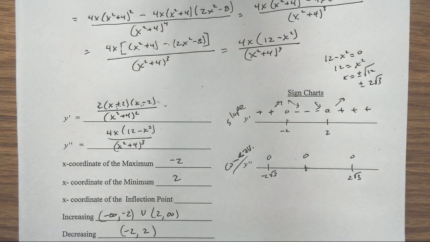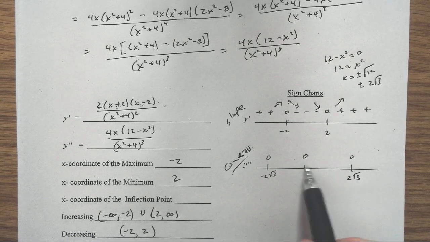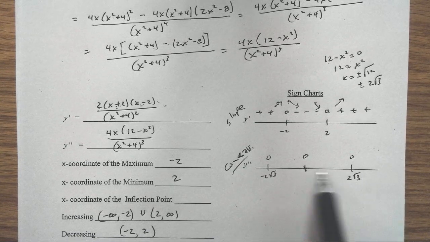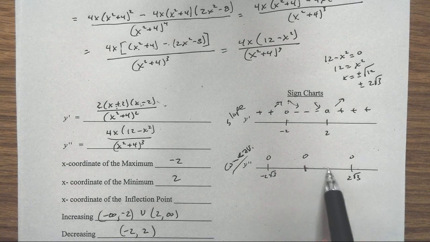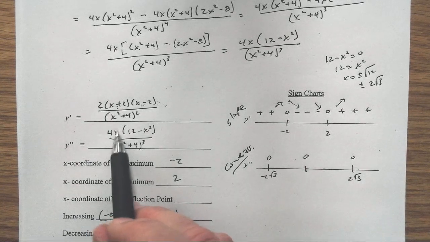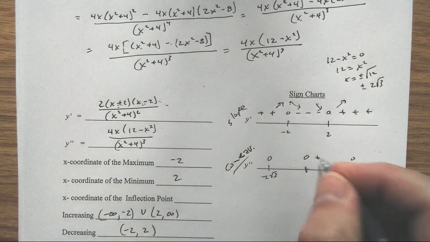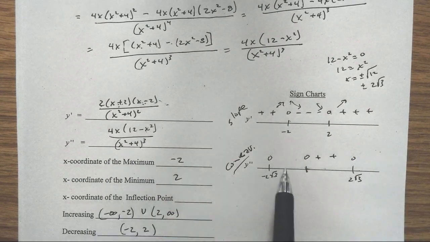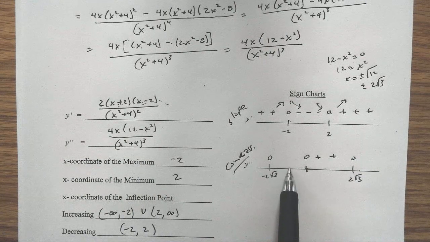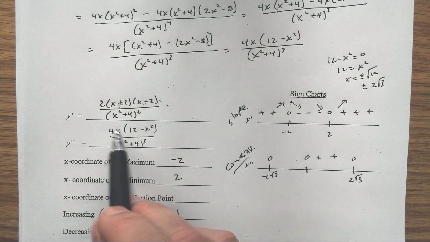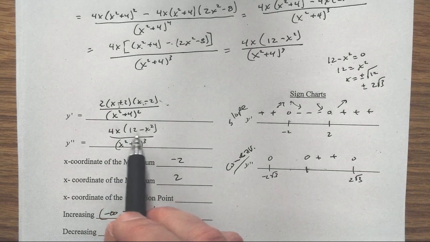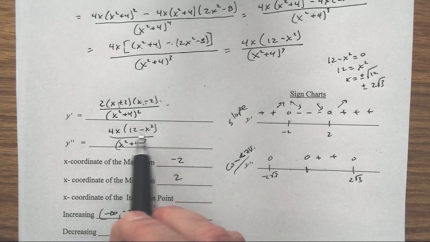Let's see what happens. Let's put a number between 0 and 2 square root of 3 in, like 1. If I put 1 in here, this is clearly positive. This is also positive: positive, positive. If I put negative 1 back in this zone, the first factor is negative, but the second factor, 12 minus 1, would still be positive.